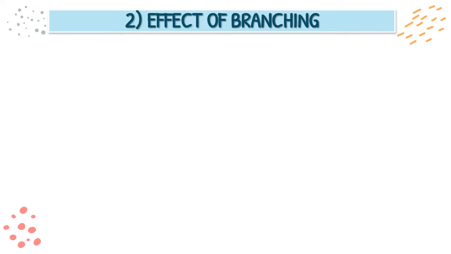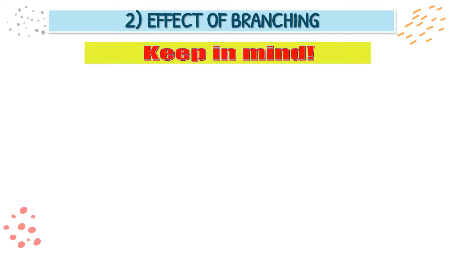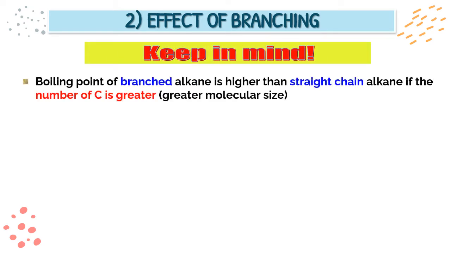From what we have discussed just now, when we have alkanes that have the same molecular formula, meaning the same weight, the one with more branches will have a lower boiling point because the surface area is smaller. But we need to keep something in mind. The boiling point of a branched alkane is higher than a straight chain alkane if the number of carbons is greater.